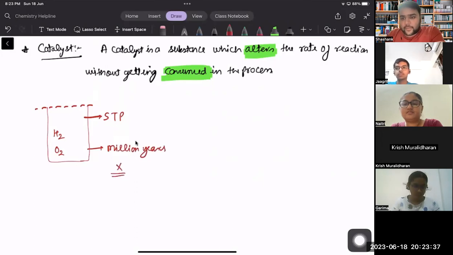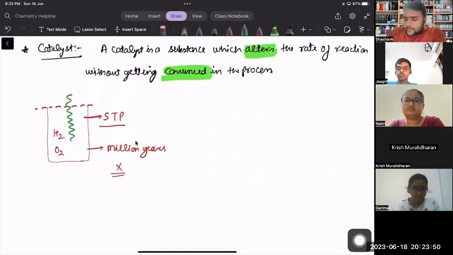We cannot keep it for a million years because we don't have a million years, but theoretically, nothing will happen. But if you bring a platinum wire, the whole thing will blast. The reaction will happen at such a fast pace that the whole thing will blast. Now we need to understand why that is happening, right?